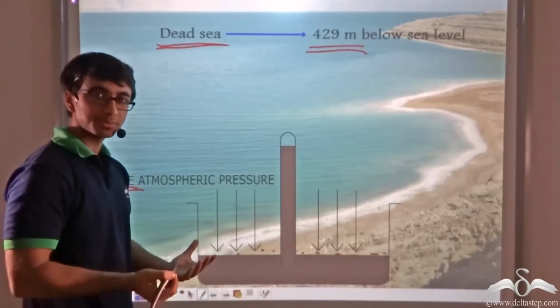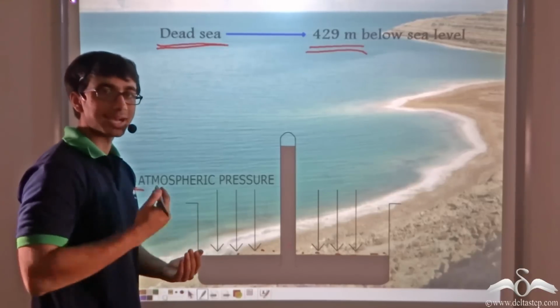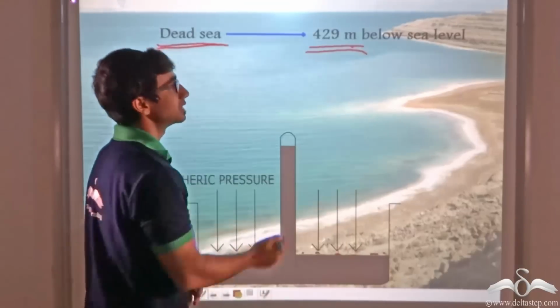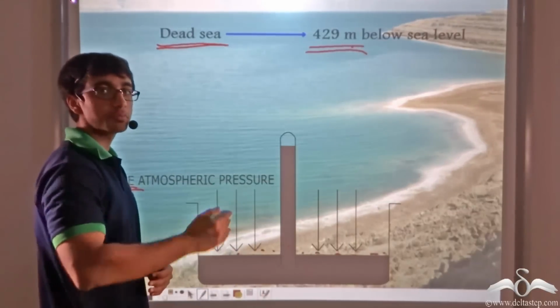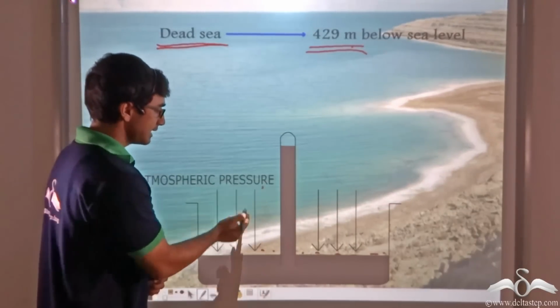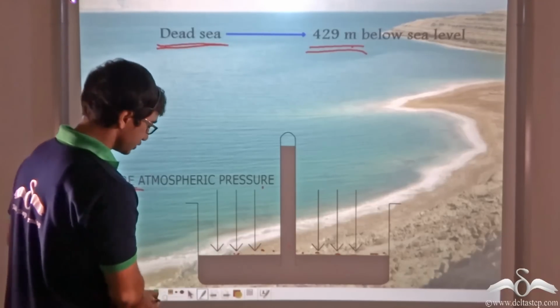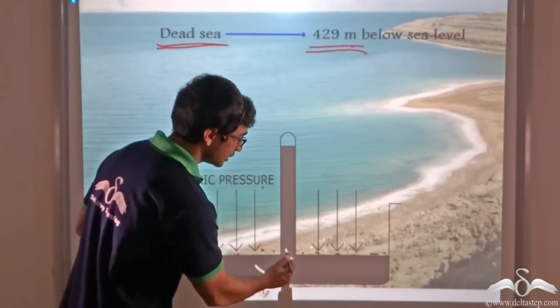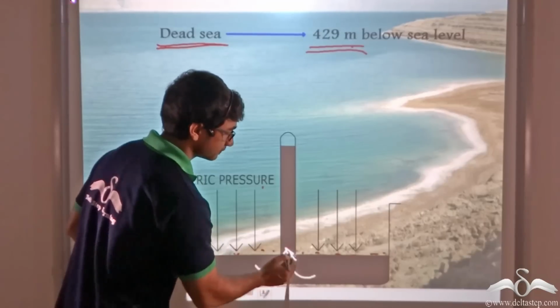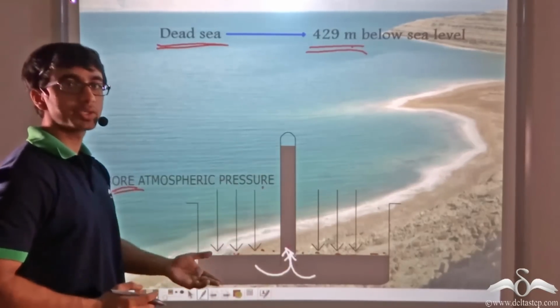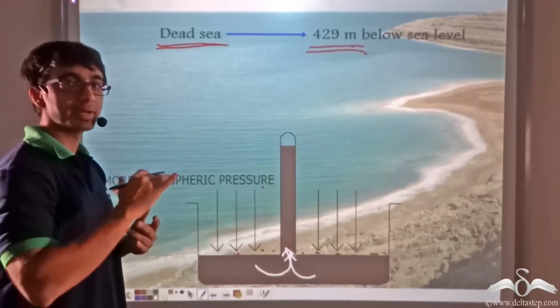So as a result, what happens? Mercury will flow from high pressure to low pressure. And since the altitude has decreased, we have gone below the sea level, and pressure has increased on the trough, liquid, that is mercury, flows into the tube from the trough. So this is how the level of mercury in the tube changes as we go up or down as compared to sea level.